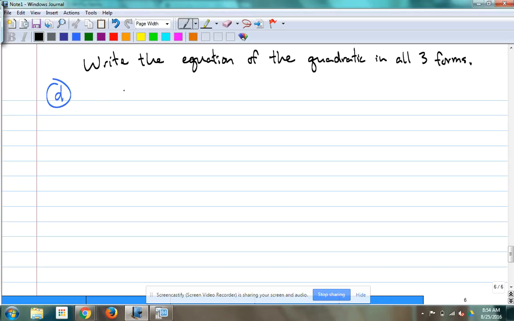Woohoo! It has x-intercepts at (3, 0) and (-5, 0). Or let's just call them intercepts, because I'm going to give you the y-intercept too. Intercepts at (3, 0), (-5, 0), and then (0, 8).